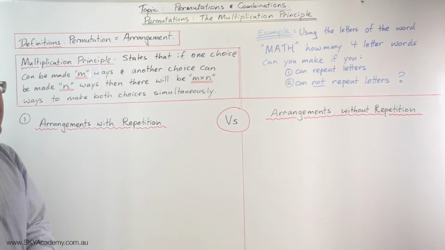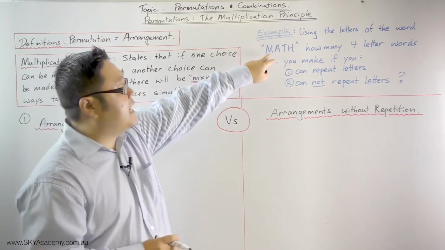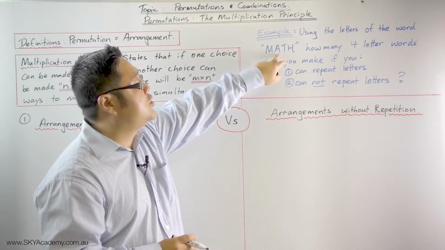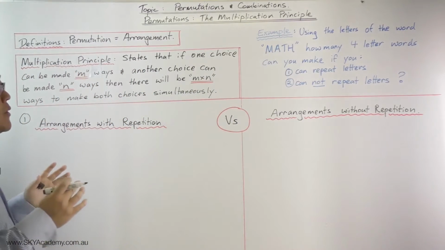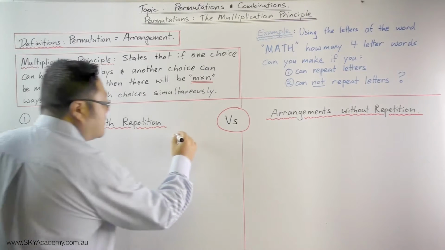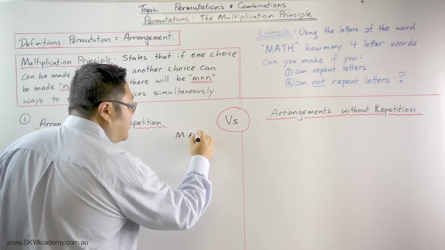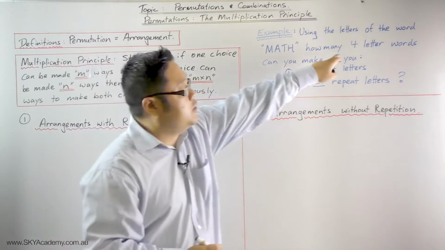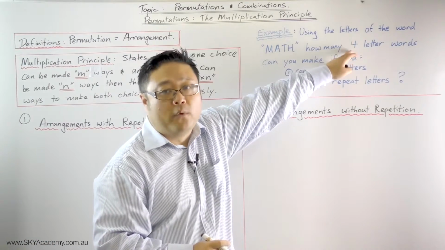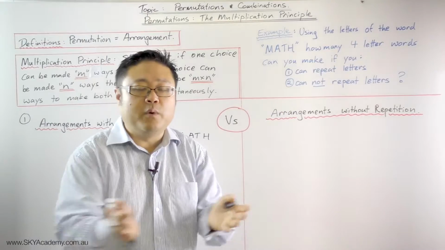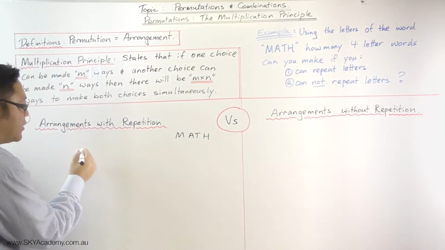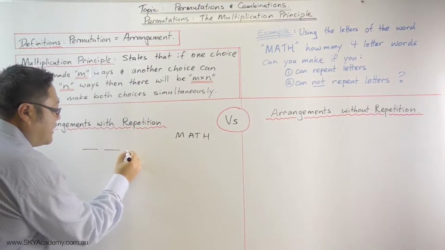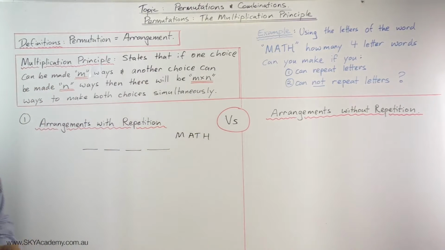So how many letters are there? There's four, isn't there? 1, 2, 3, 4. There's four letters. So I'm going to take these four letters and write them over here. Now, we want to create a four-letter word. Not just one four-letter word, we want to see how many four-letter words we can create, which means that we've got four blank positions within that four-letter word.